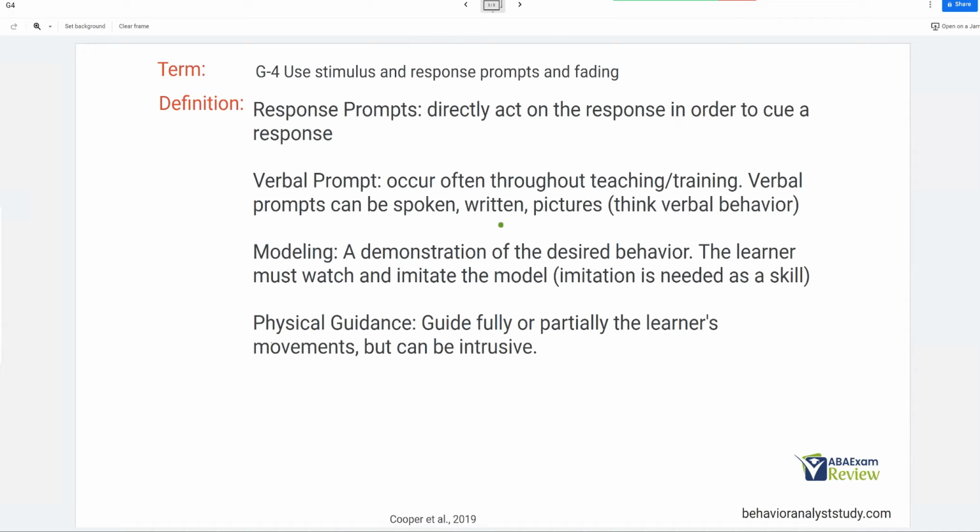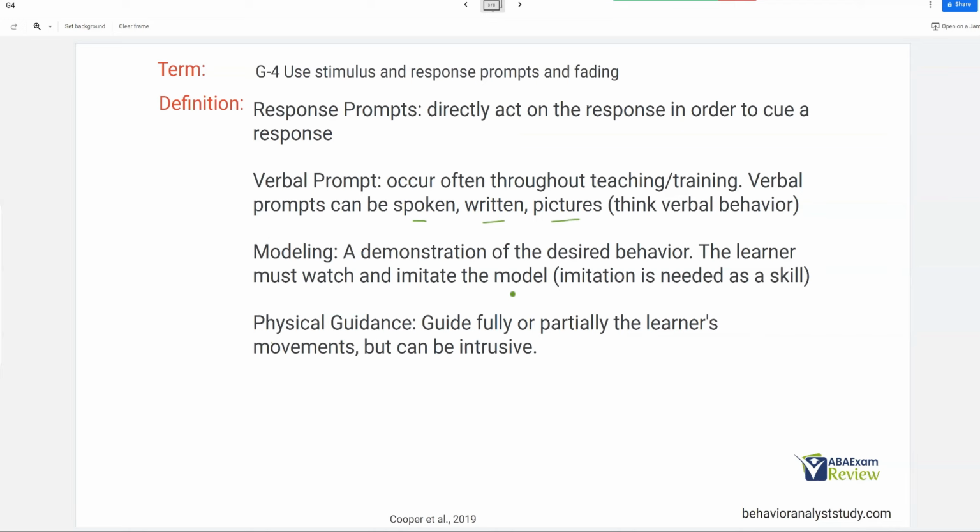Where is yellow is my prompt. Maybe not the best example. If I point to a picture of a dog and say, what is this? And then I say dog, that's a verbal prompt. Those verbal prompts can be spoken, written, they can be pictures, think verbal behavior. You're going to be verbally prompting a lot. That verbal prompt is acting directly on the response you want to see.